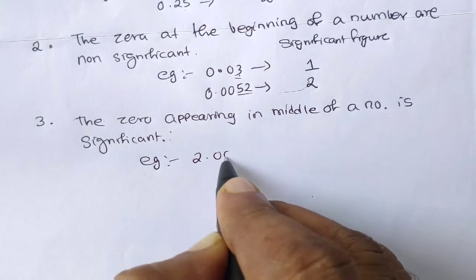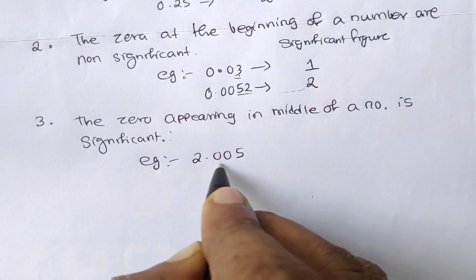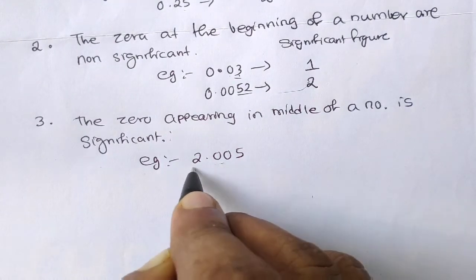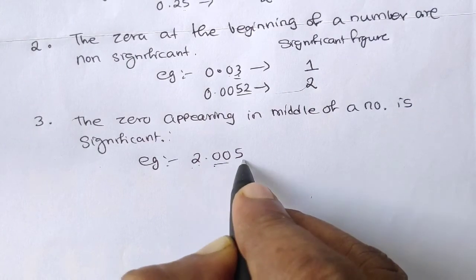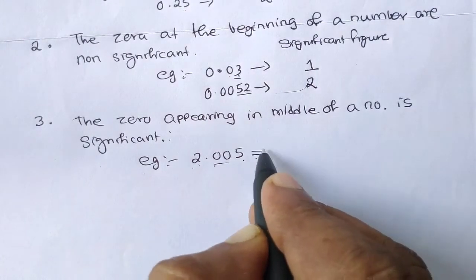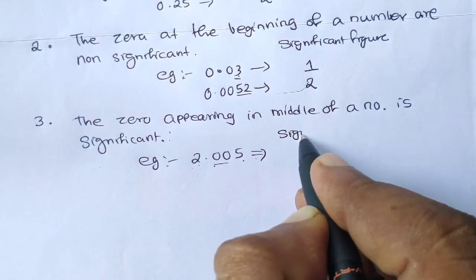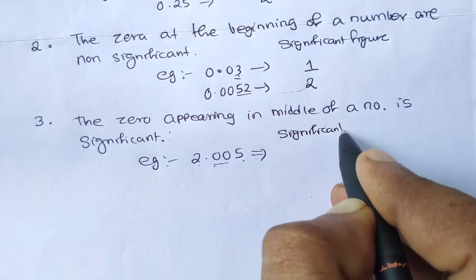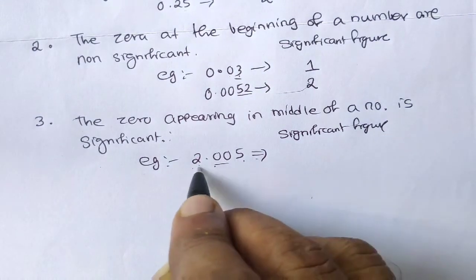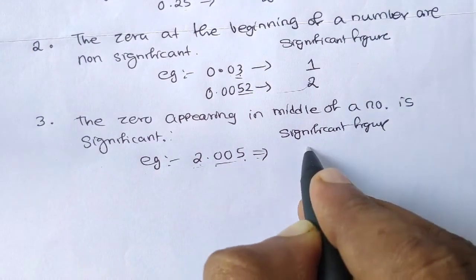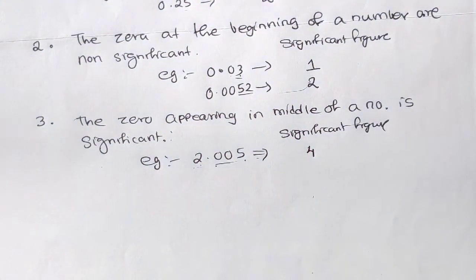Suppose I write 2.005. These zeros are in between non-zero numbers, so they are counted. The significant figures in this will be 1, 2, 3 and 4, meaning the zeros are also included. So the significant figures are 4 in this case.